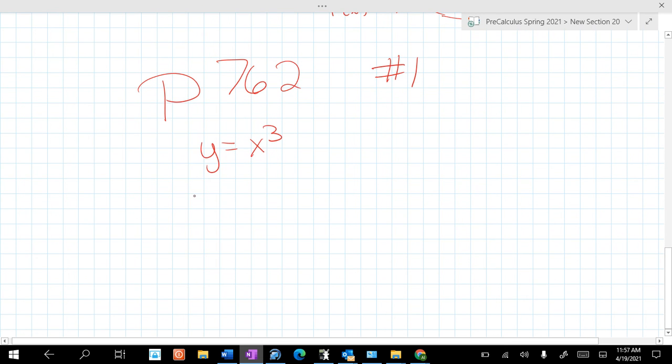So, for part A, you're given the point 2, 8. So, you're going to find the slope between 1, 1 and 2, 8. And you're going to find the slope.